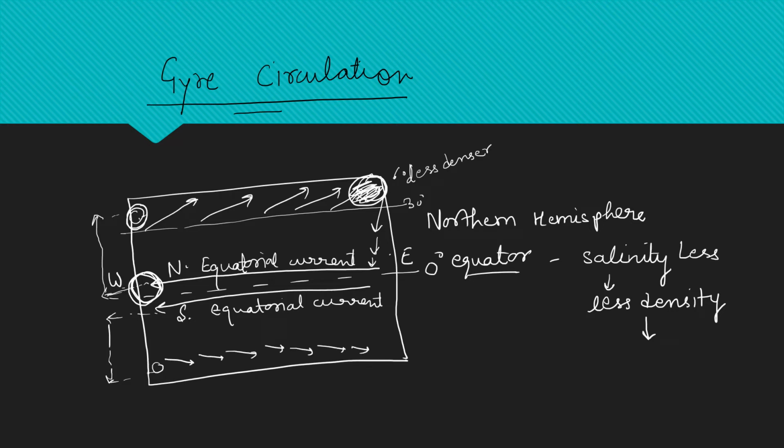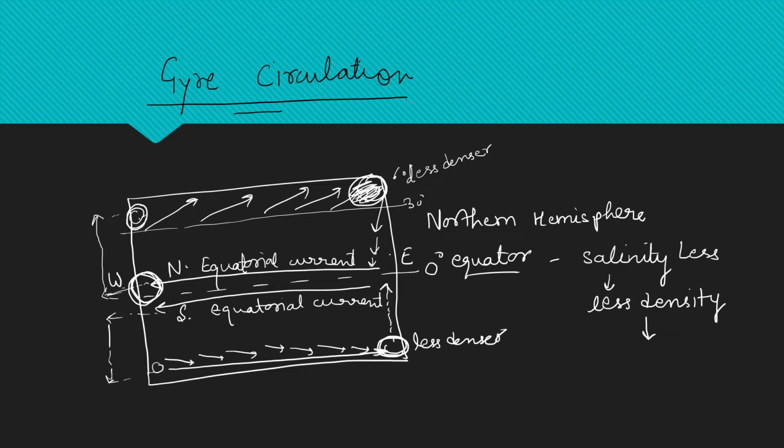But in the southern hemisphere, as the continental part is less, the direction of the water current would be straight. It will come to this point, and from this point, less dense water would rise, and later on, in the upper troposphere, it will move this way and come down at the equator.